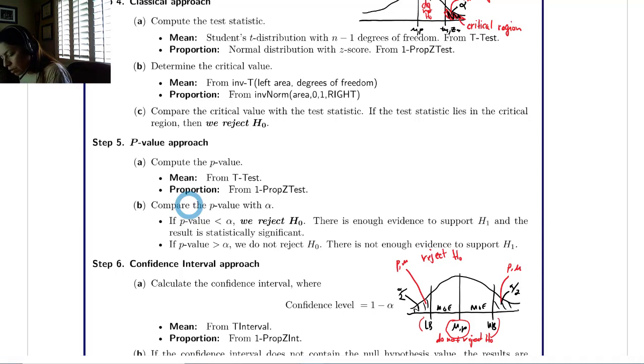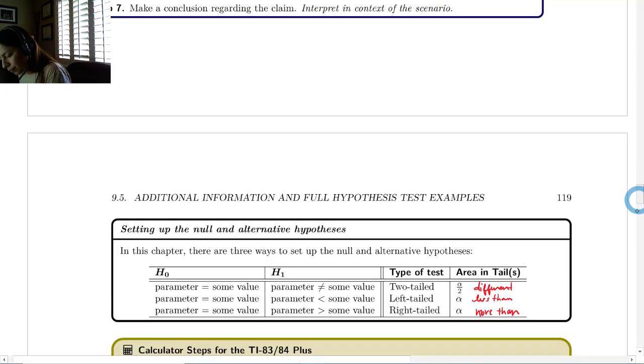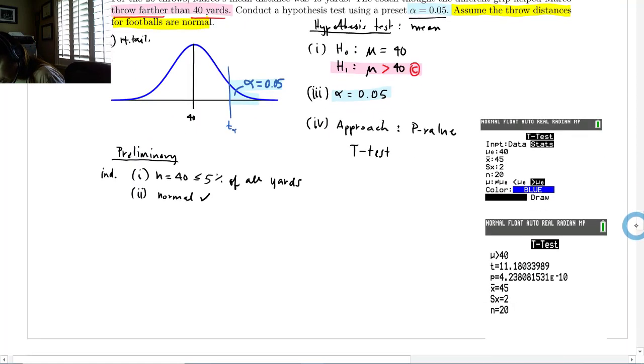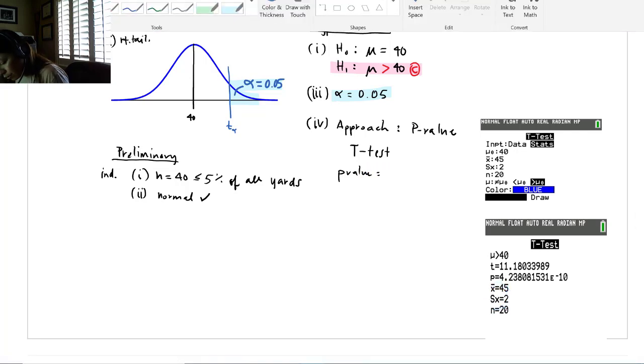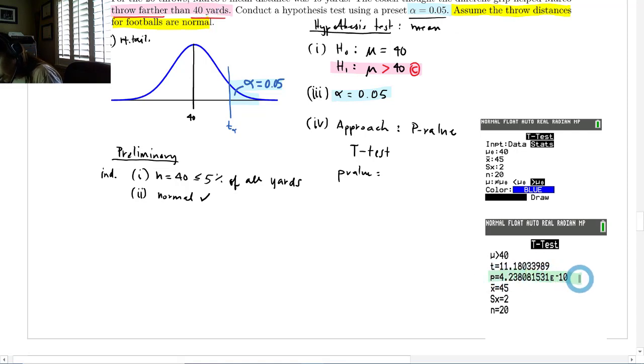So here, let's go ahead and write this out. So the p-value from the calculator is right here. And so the p-value here is really, really small. 0.000000004, because it has e to the negative 10.